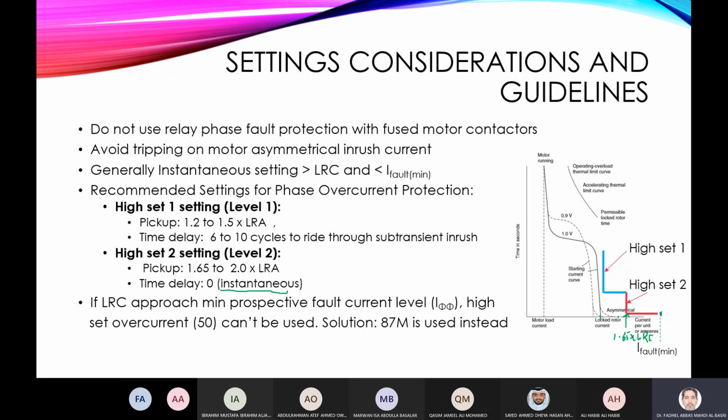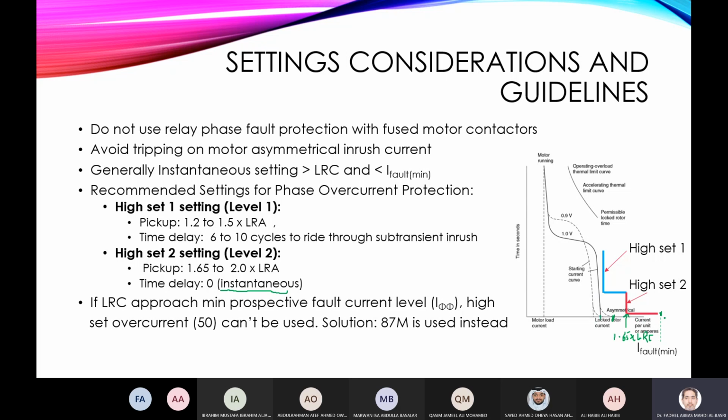This factor will guarantee that we have exceeded the asymmetrical current. If you keep it closer and make it instantaneous, if you put the setting here, it will always trip. The motor will trip at starting. So this is the high set. This one is very fast.